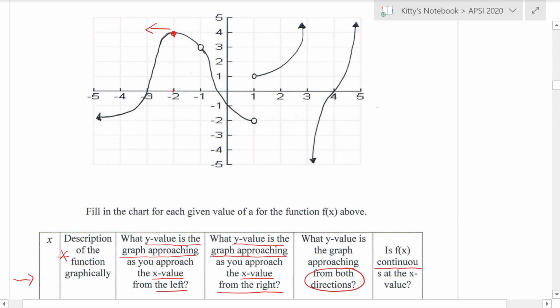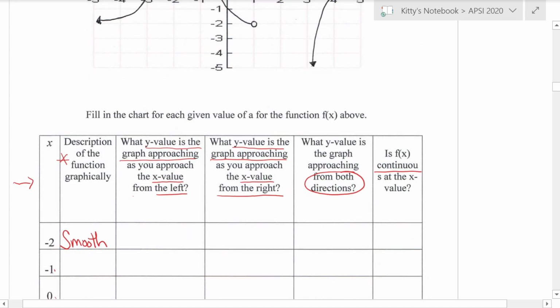So if you go to the left, don't go far, and go towards that value, what y value are you approaching? And it looks like there's actually a point at -2, 4. So if it's smooth, then I'm actually approaching 4 because that's the point on it. So I'm going to write that.